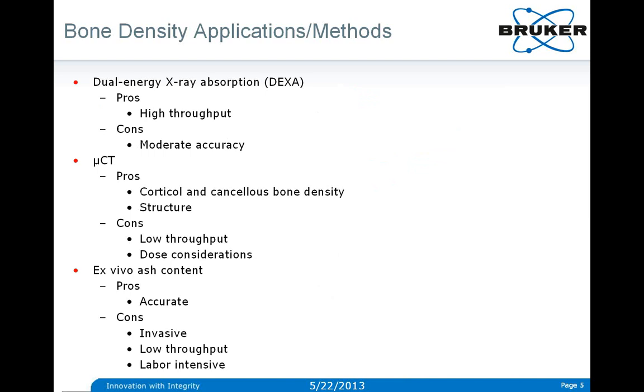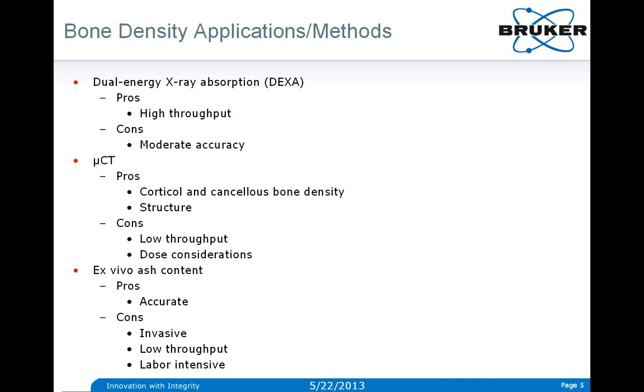So looking at a few of the common methods for making bone density measurements in preclinical models. DEXA, or dual energy X-ray absorption, as the name implies, the method applies two different energies when acquiring X-rays, and by subtracting out the lower energy X-ray, we can make an assessment of hard tissue density or skeletal structure density.